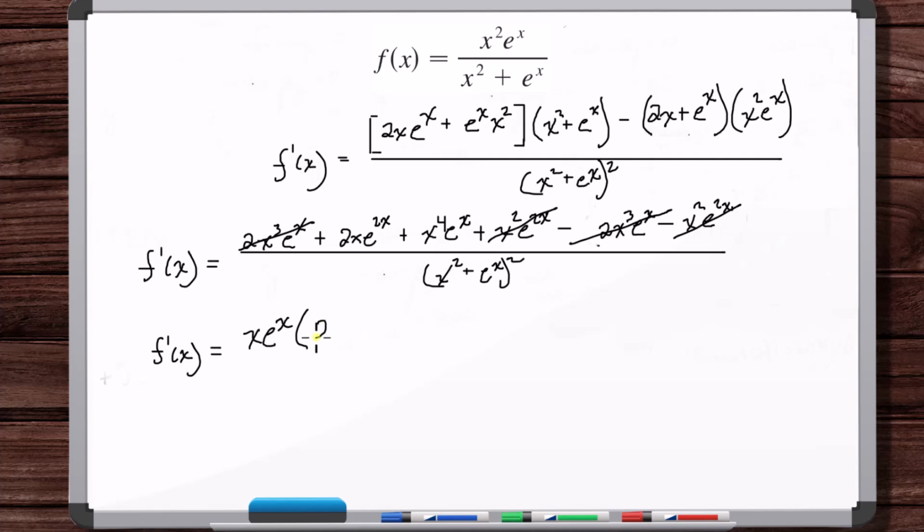So we have 2 e to the x plus x cubed. And let's rearrange that. Let's say x cubed plus 2 e to the x, just to get this e to the x away from here. So x squared plus e to the x squared. There we go.